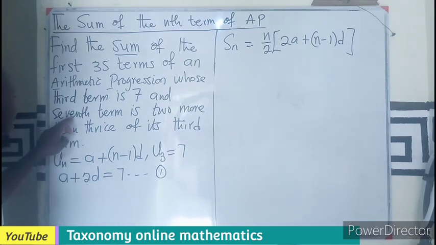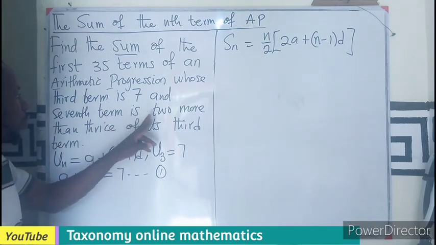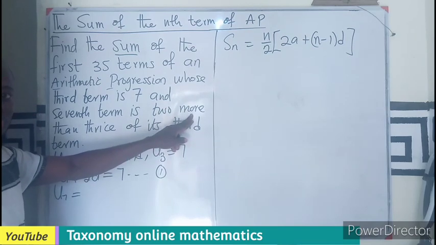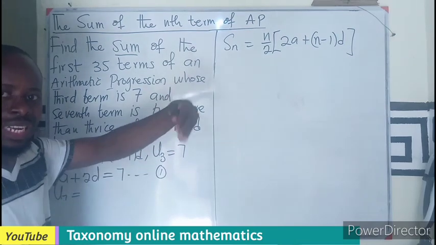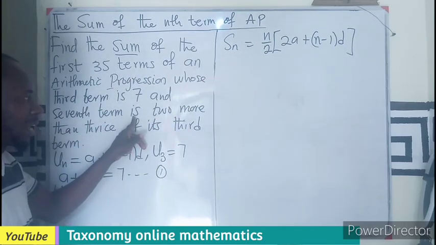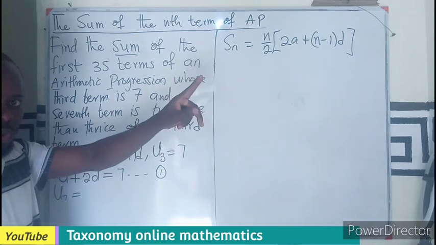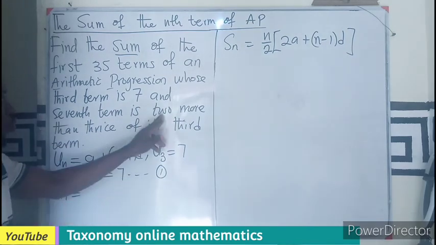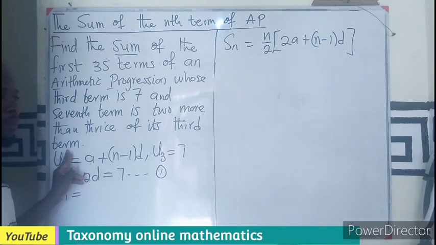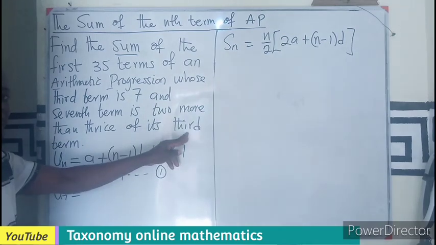Also, we are saying that the seventh term, which we know to be u7, equals 2 more. 2 more means what? 2 addition to, meaning you are going to add 2 to whatever is there. The equal sign is already here, so plus 2 will be what we are going to get at the end. 2 more than 3 times the third term, thrice of the third term.